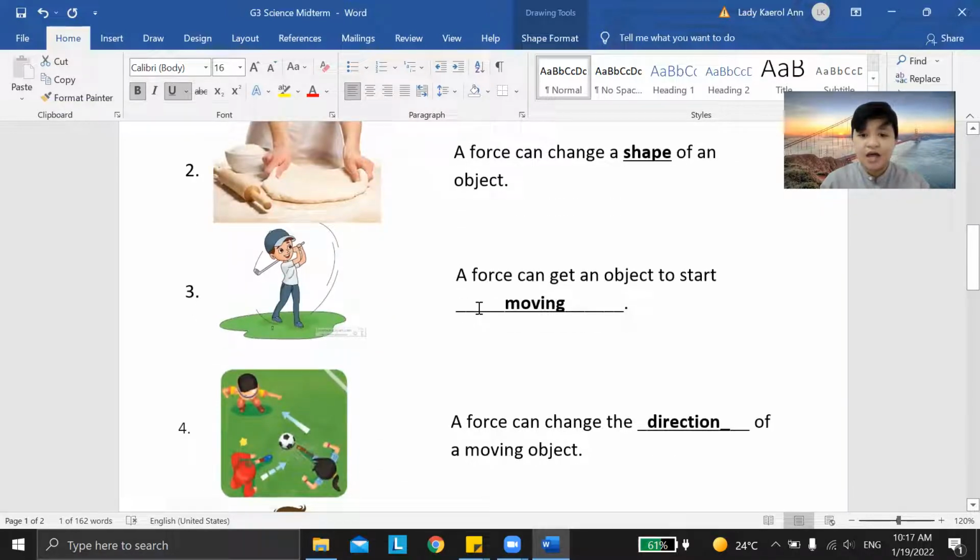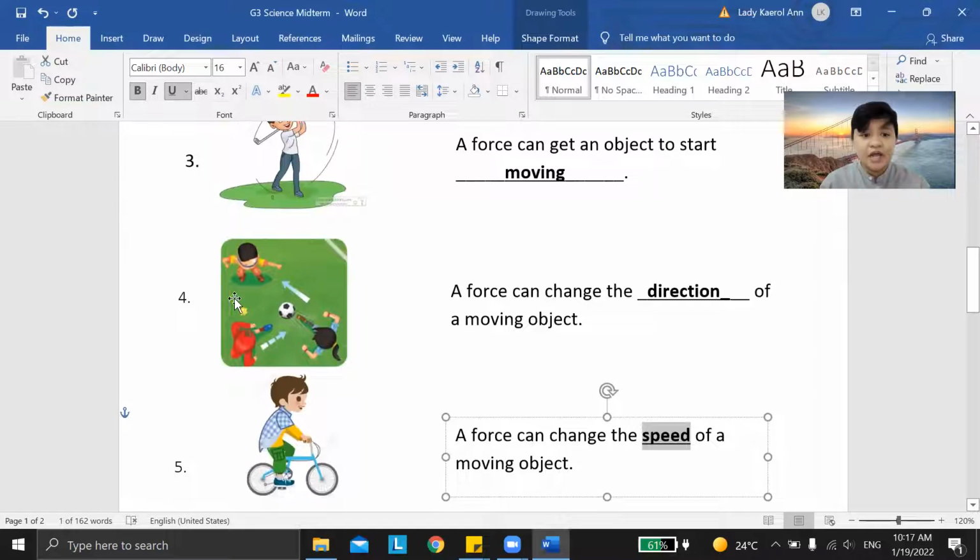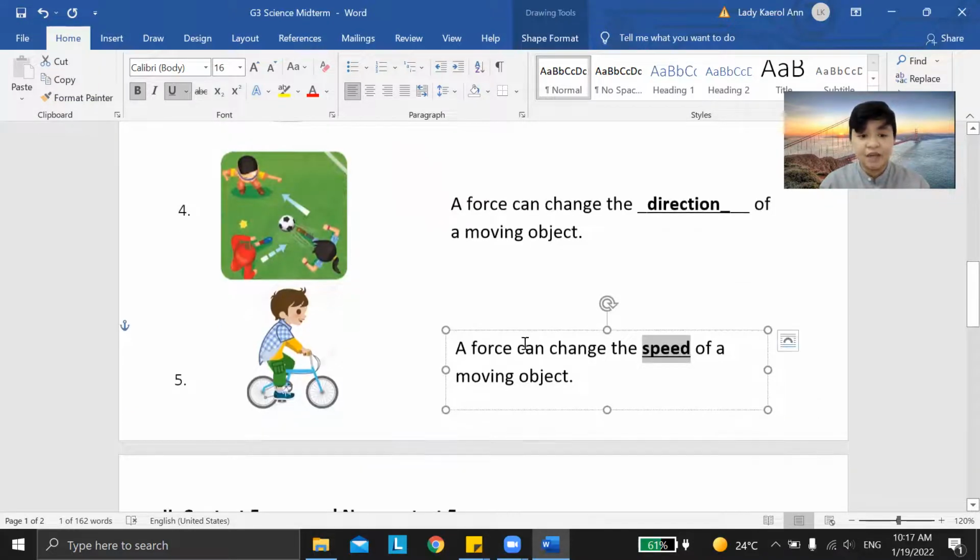Number three, a force can get an object to start moving. Number four, a force can change the direction of a moving object. And number five, a force can change the speed of a moving object. I hope you get the answers.